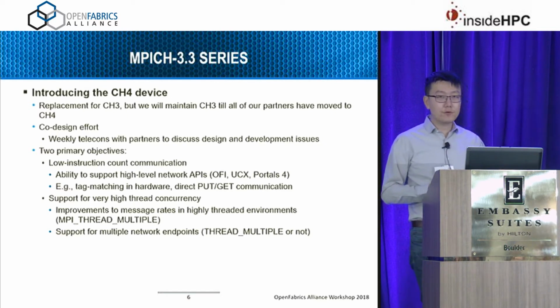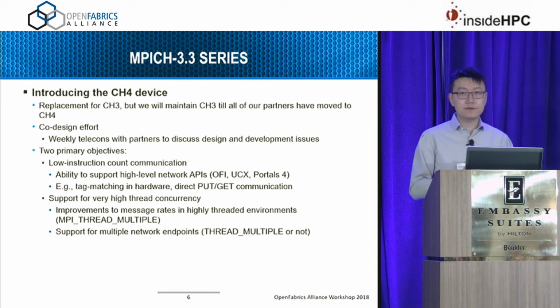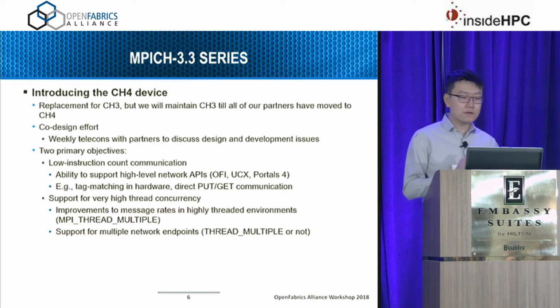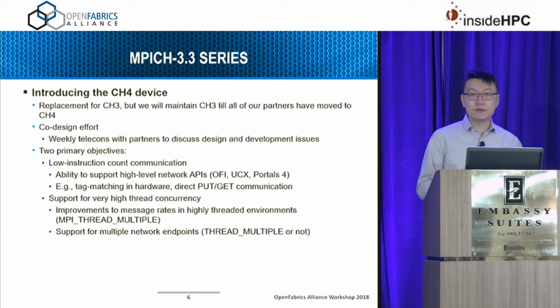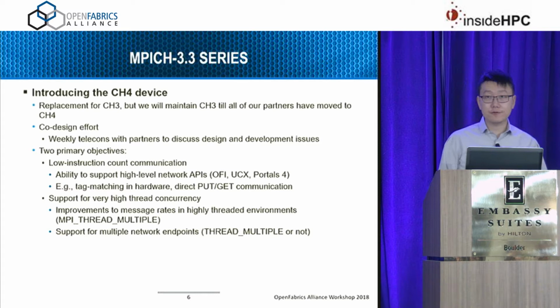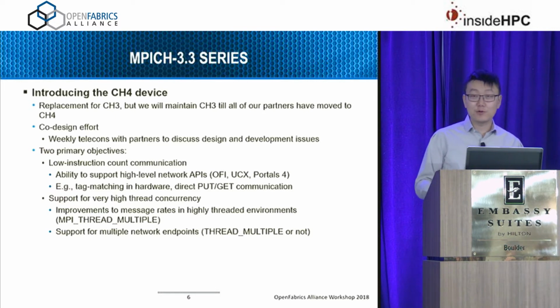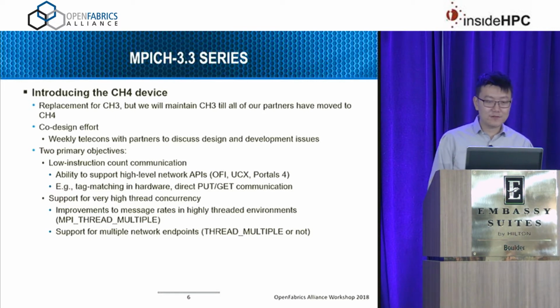So in CH4, what we're trying to do is reduce these heavily designed protocols to just a fallback. And for networks that are capable of hardware tag matching or hardware support of RMA, we're just passing the function call to the OFI layer or UCX function calls.